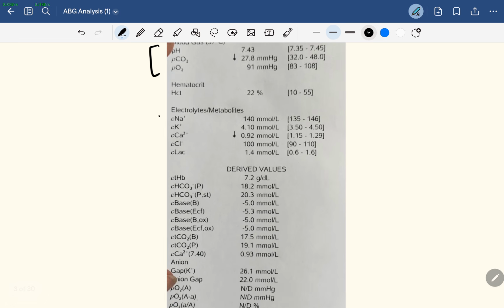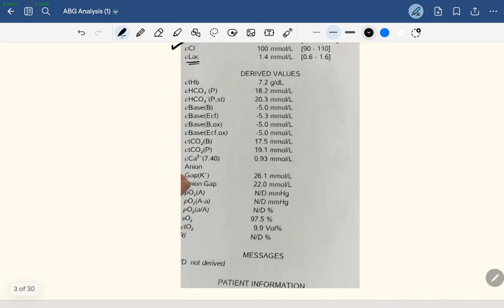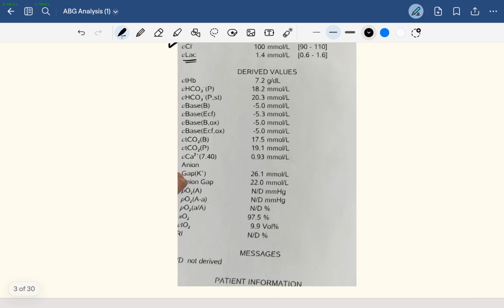Then in electrolytes, you do need sodium, you need chloride. Occasionally, lactate helps in clinical diagnosis. And of course, you need to look for the bicarb, which is here, and your anion gap, which is sometimes calculated by the machine, sometimes it's not, and you have to do the calculation yourself. And well, the saturation of oxygen is mentioned, but usually that's not relevant when it comes to solving questions.